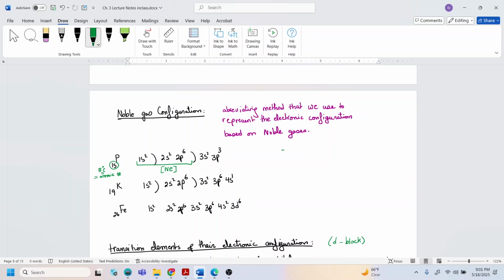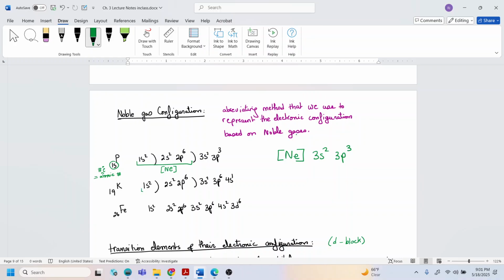So the noble gas electronic configuration of phosphorus is going to be neon, and then whatever is left, which is the 3s2 and the 3p3. This is called the noble gas electronic configuration, and it is an abbreviated way to write the electronic configuration of elements.